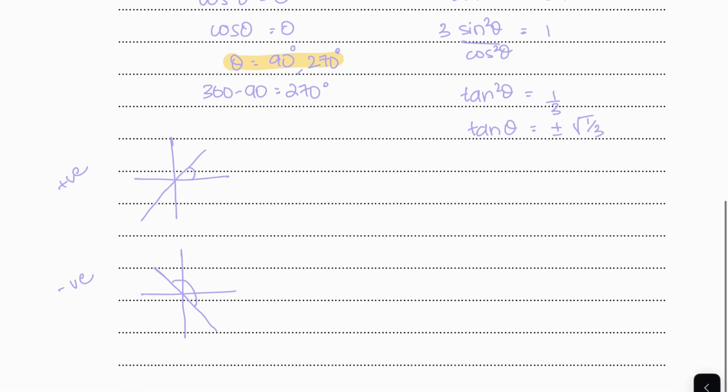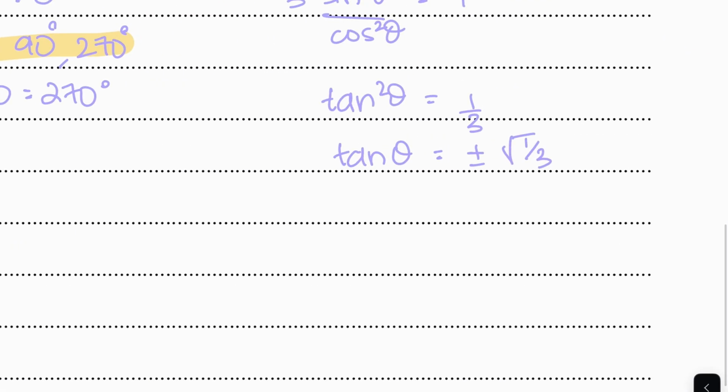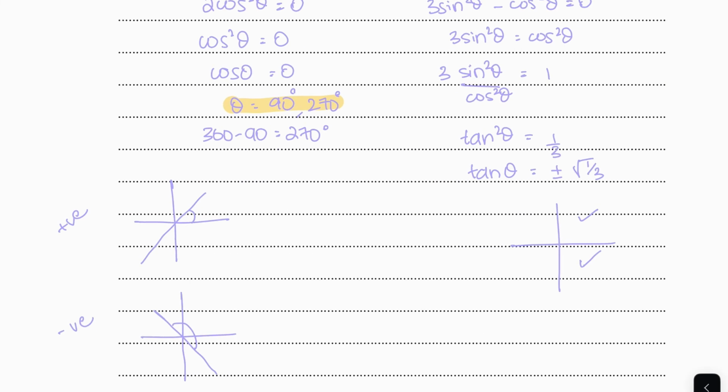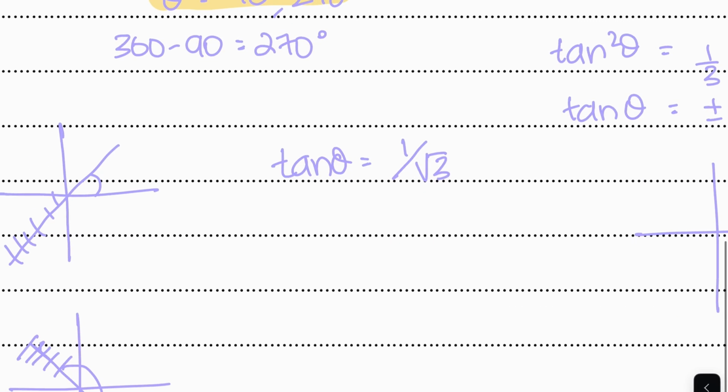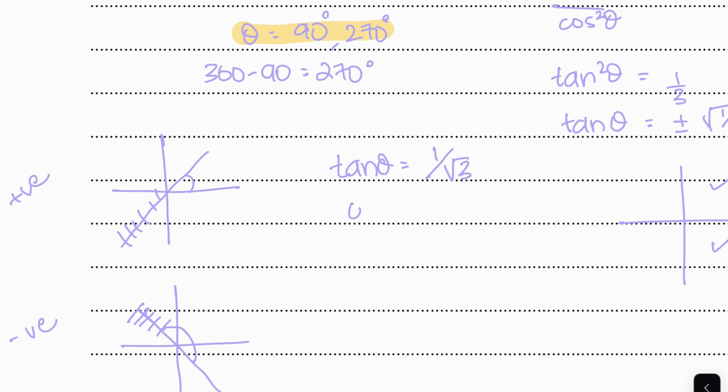So if we take a look, that is the first quadrant and fourth quadrant. So we do not need to take a look at this or this. Let's find tan theta is equal to 1 over positive under root 3, and if we use a calculator to find the inverse of that, we will get theta as 30 degrees, and that is our first value.